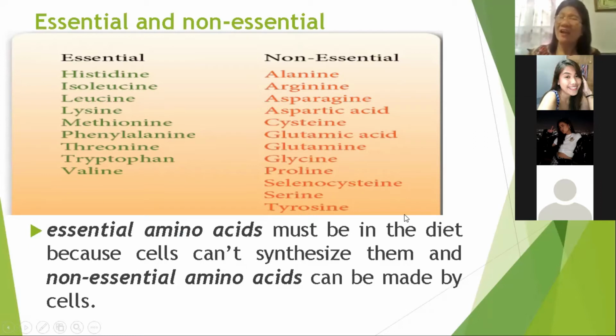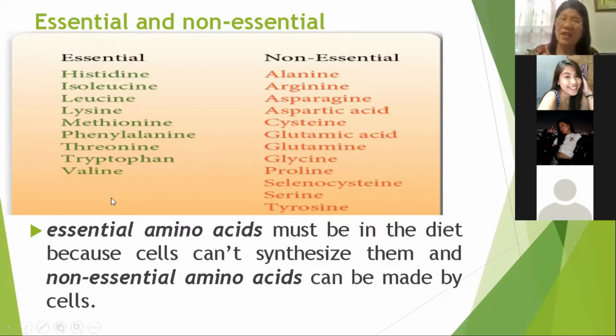So there is no need to eat them with the proteins, and they will be synthesized and degraded. The body synthesizes them, meaning they are already present in our body. That is the non-essential.